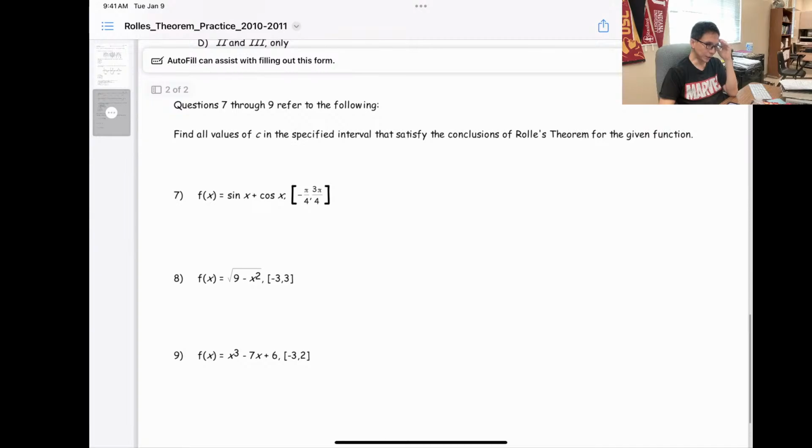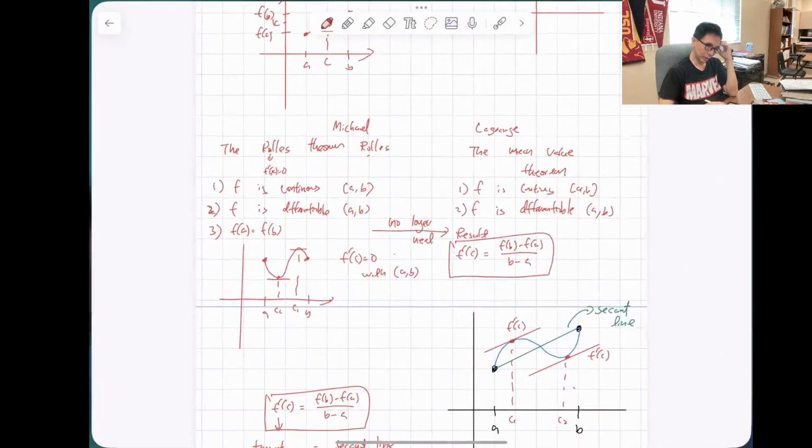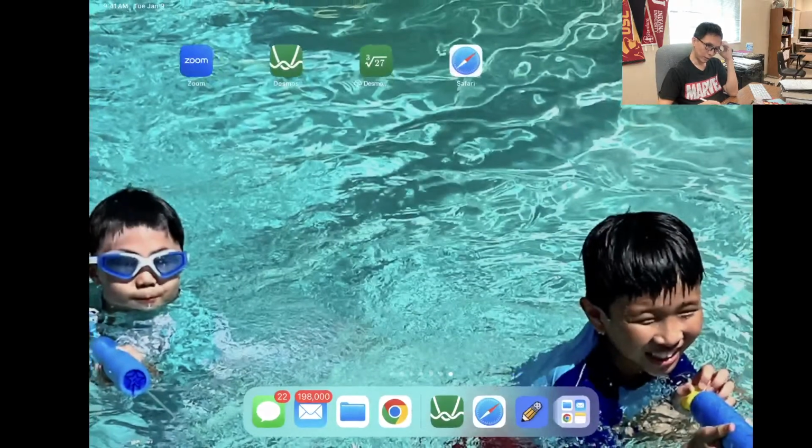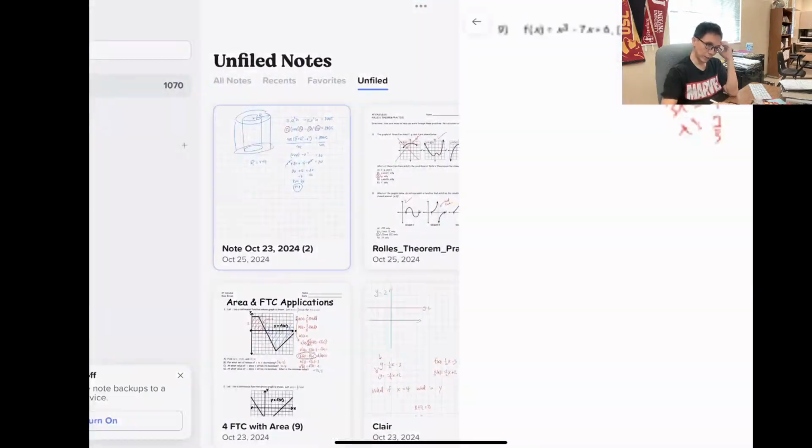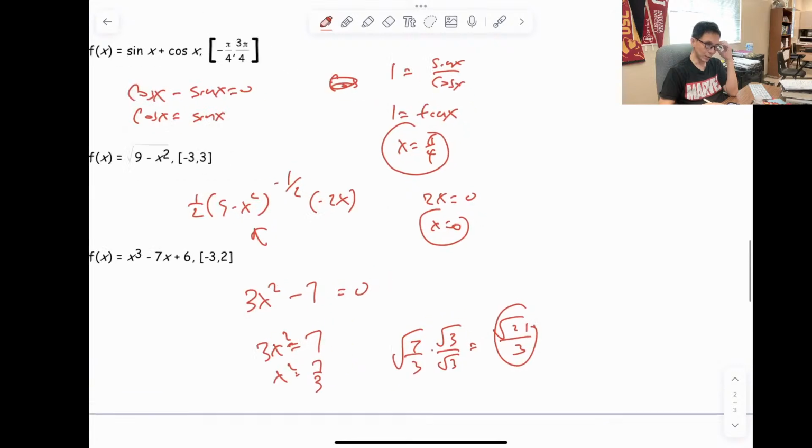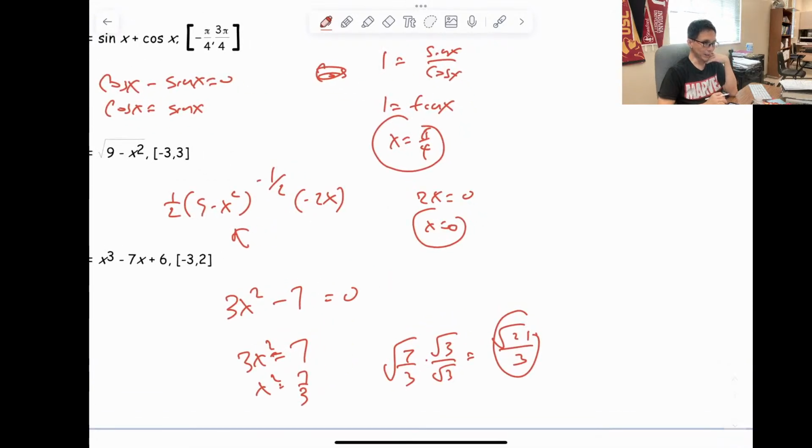If you take a derivative of this, that's going to give you 1/2 times 9 minus x squared to the negative 1/2 times negative 2x. You set negative 2x equal to 0. You do not set the bottom equal to 0 because bottom equal to 0 is undefined. But Rolle's theorem did not say undefined. Critical number does. If I ask for a critical number today, you set the bottom equal to 0.